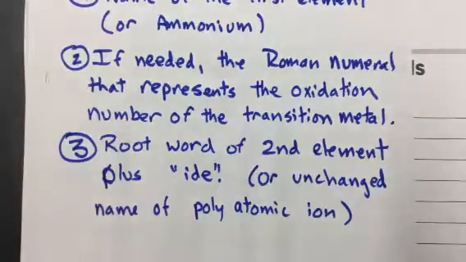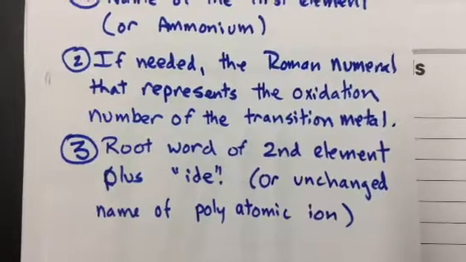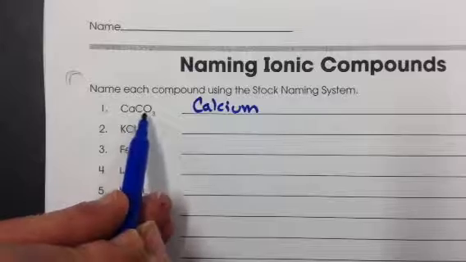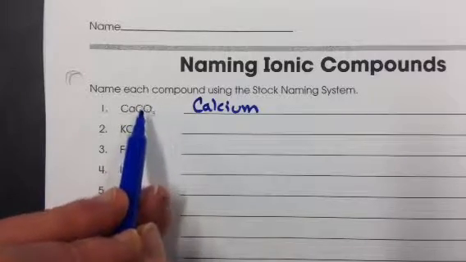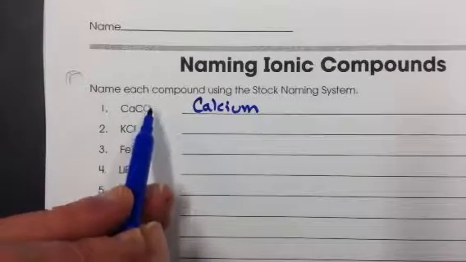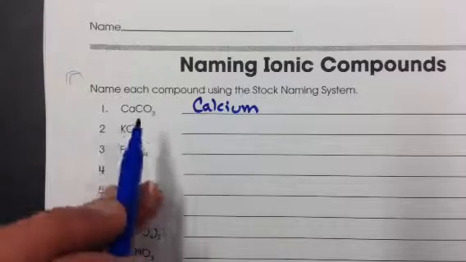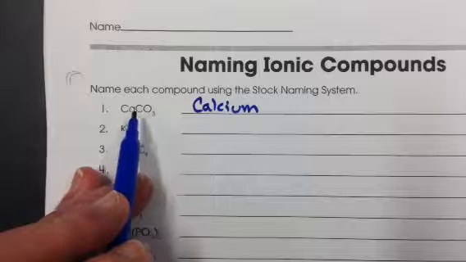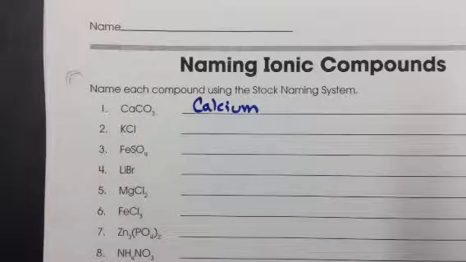Root word of the second element plus IDE, or in the case when it's a polyatomic ion, we just write the name of the polyatomic ion, which is kind of nice. We know it's a polyatomic ion because there is more than one element. All of our cases will either be binary, just 2 elements, or 1 element plus a polyatomic ion.